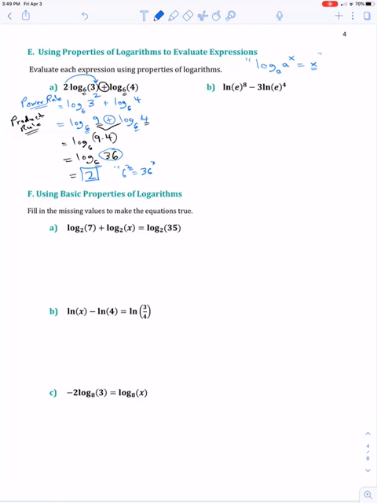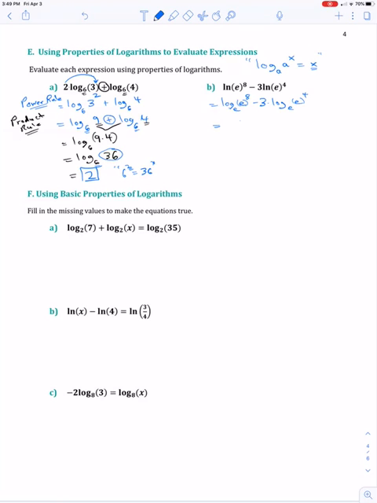That's what we have here. Rewriting this, that's log base e of e to the 8th power minus 3 times log base e of e to the 4th power. So we can use our same base rule.